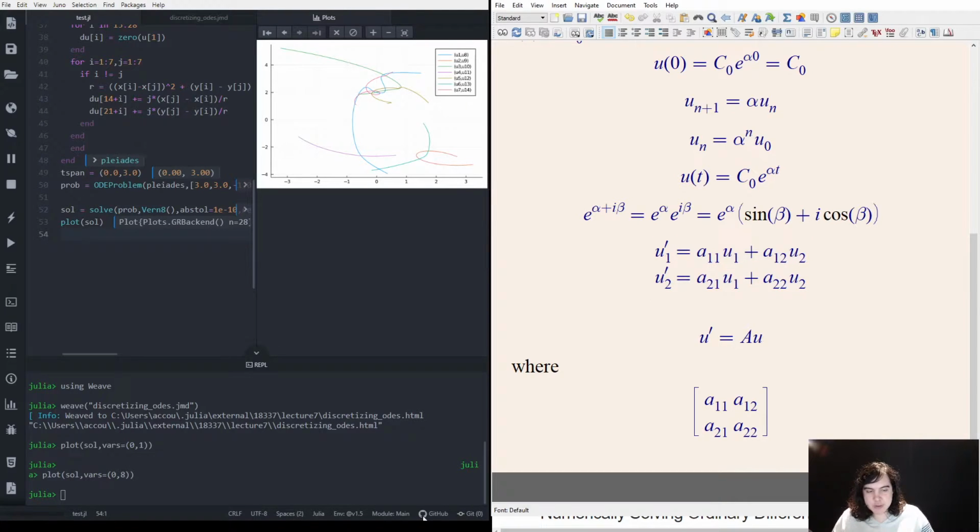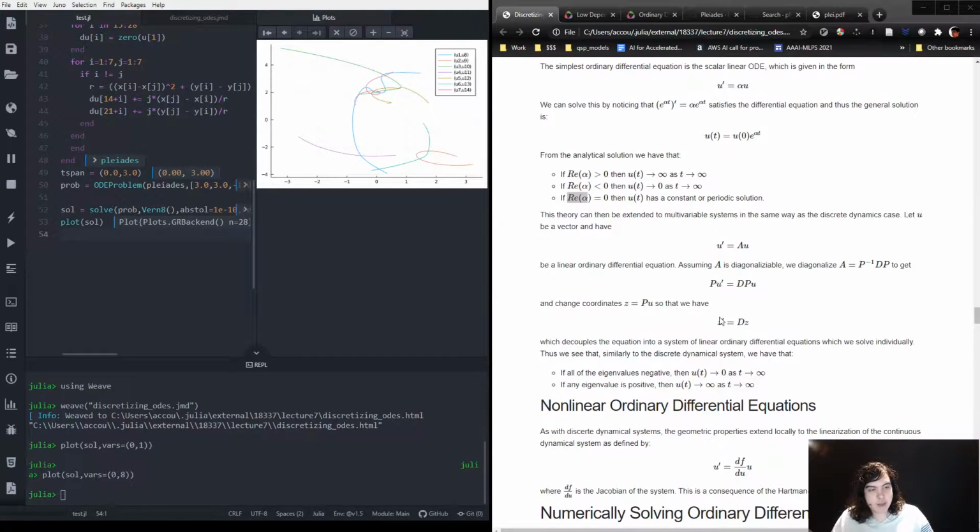So okay, that's nice and simple, right? It's very similar to what we did before. And now we do the same trick that we did before to understand how these multidimensional systems work. We don't know how to do multidimensional stuff, so we turn it back into the scalar case, right? How do we turn it into the scalar case? Well, we take A, we diagonalize it. After we diagonalize it, we change our coordinates, and in this new coordinate system, we have a set of scalar ODEs.